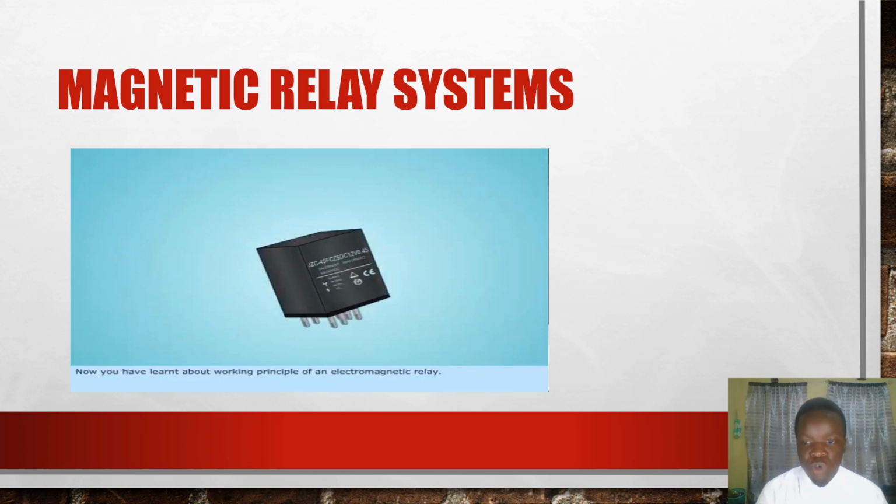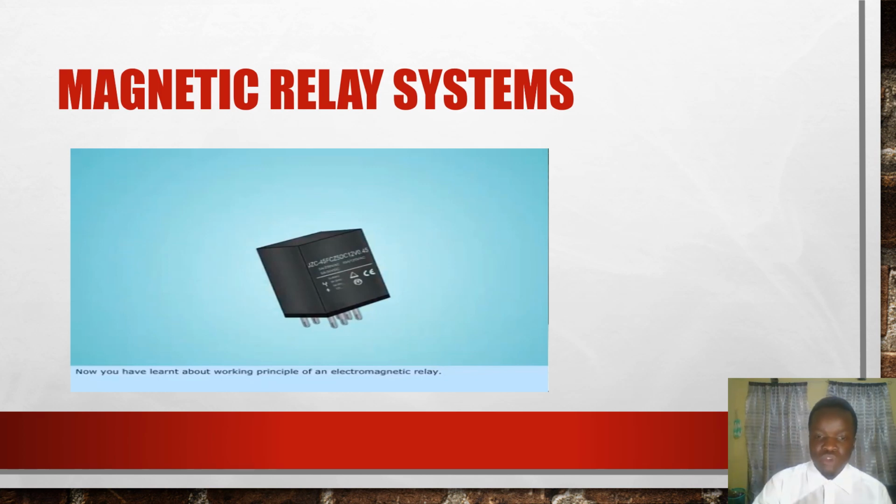And also we have learned about magnetism in straight conductors and also in solenoids. And so far we have learned the application of electromagnets like magnetic relay systems, circuit breakers, and electric bells.